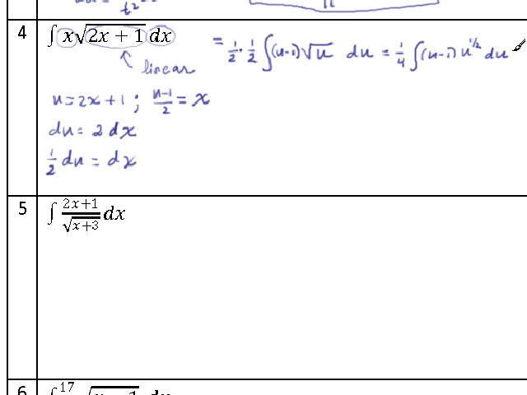Now I want to use the power rule, so I have to multiply through. u times u to the 1/2, that's u to the 3/2, minus u to the 1/2 du. Now we're ready to integrate.